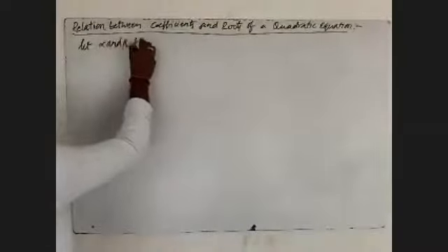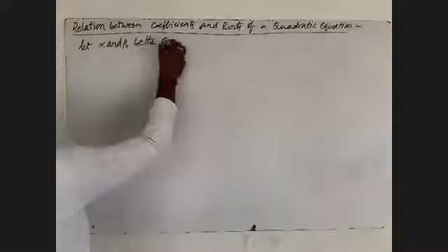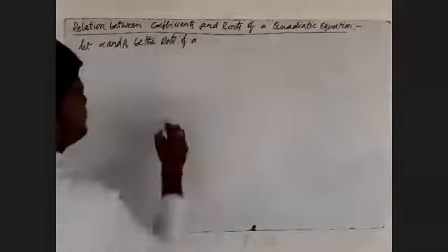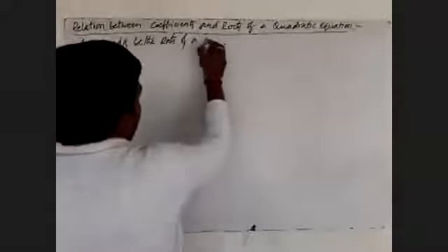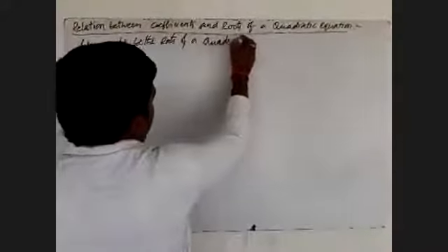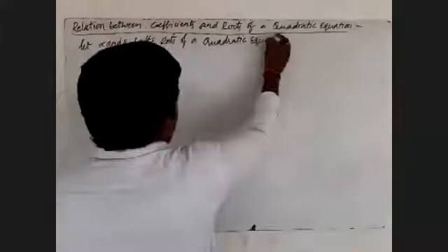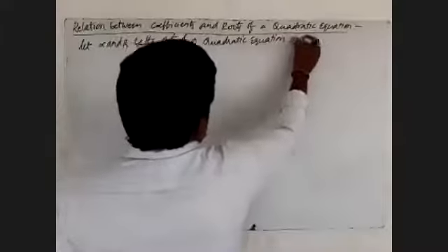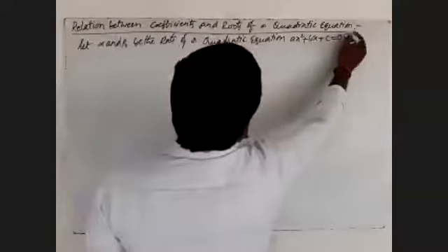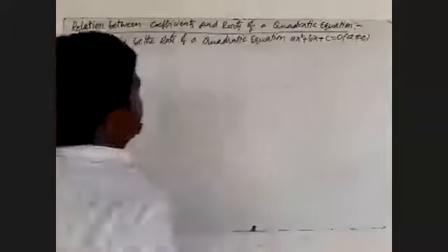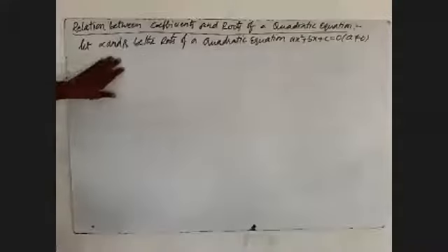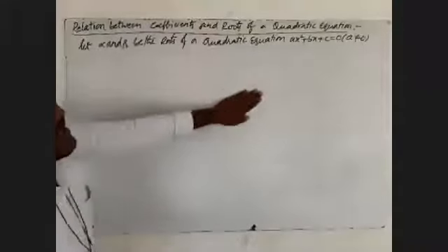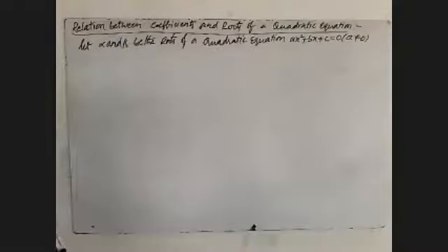First we'll write: let alpha and beta be the roots of a quadratic equation ax square plus bx plus c equal to 0, where a does not equal 0.